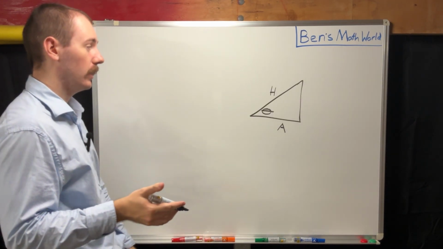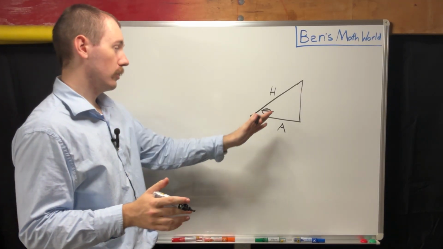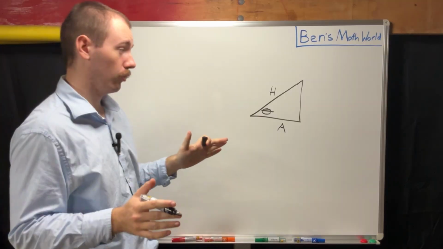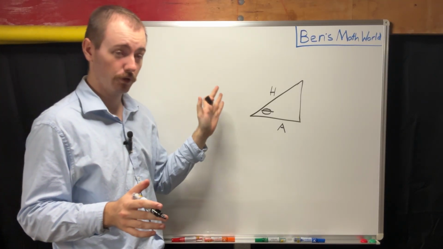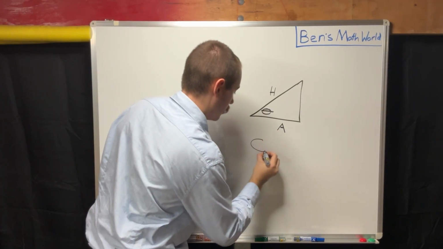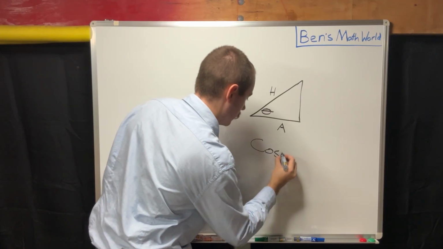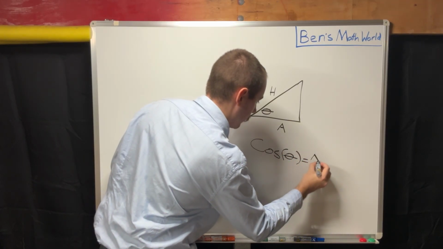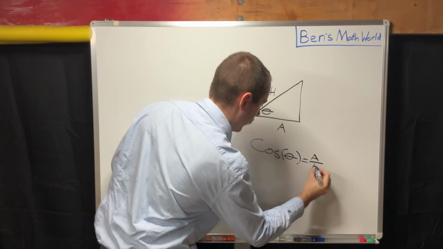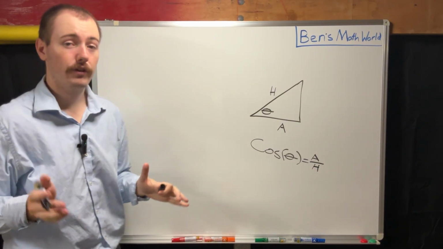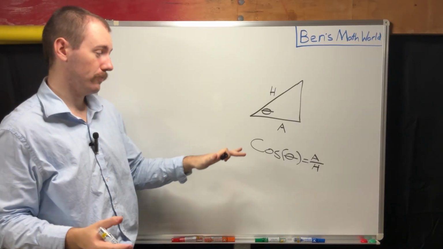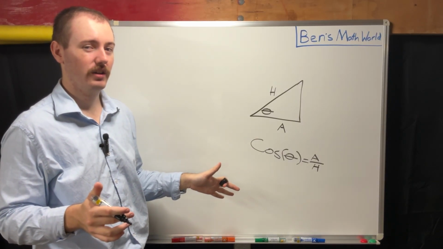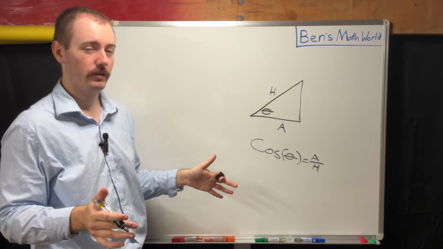So our formula when we use cos, which is when we have the theta, adjacent, and hypotenuse, or we're trying to figure out one of them and we have two of them, is going to be cos theta equals A over H. Now, for those of you who are paying a lot of attention, you might realize that this formula is very similar to the sine formula, okay?